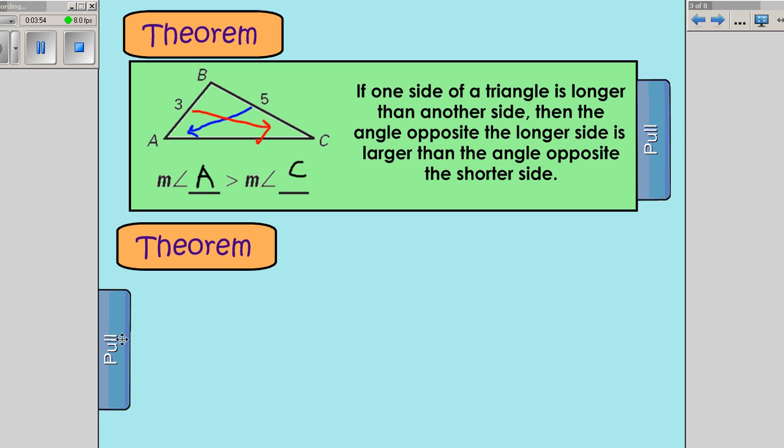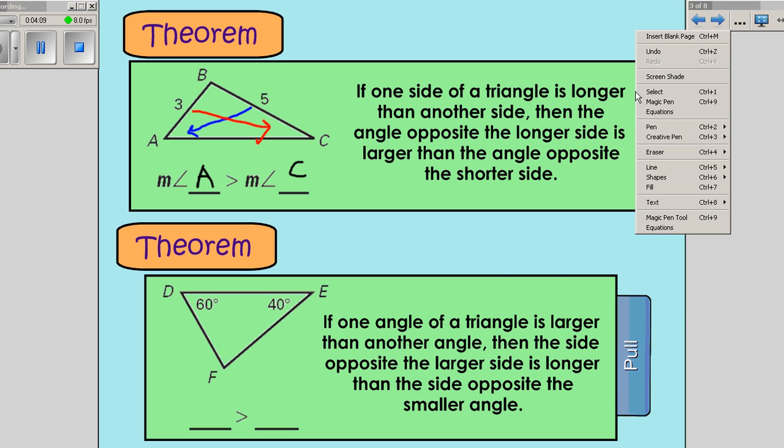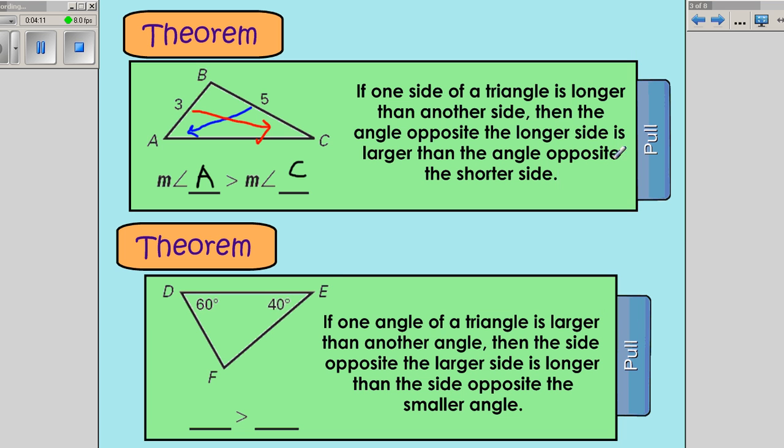We have another theorem that has to do more with the problem that we started with, and that says that if one angle of a triangle is larger than another angle, then the side opposite the larger angle is longer than the side opposite the smaller angle. Well, let's take our pens again and take a look at this. So I have this larger angle that's 60 degrees, and that's across from side EF.